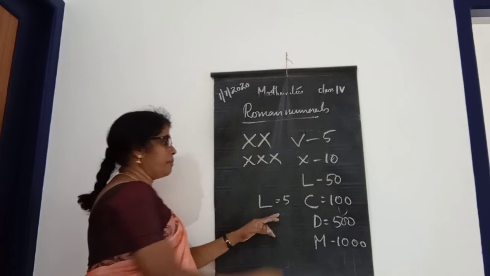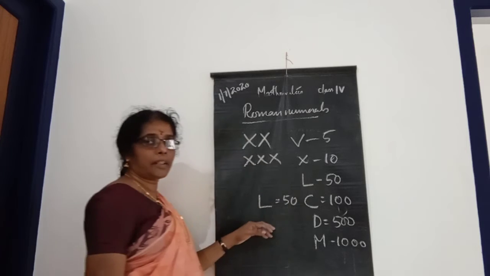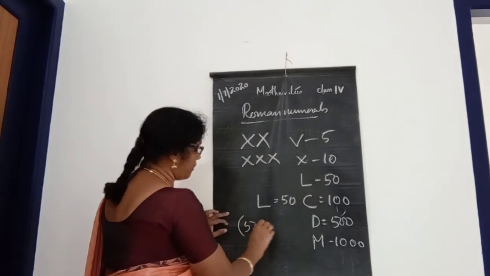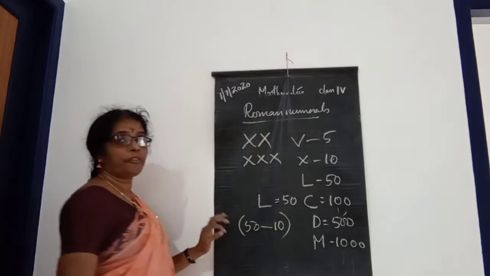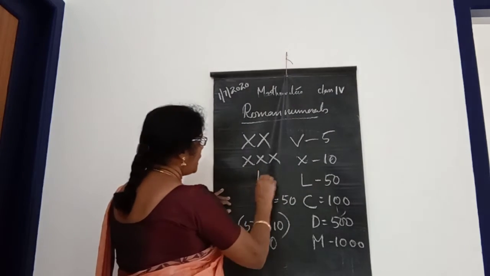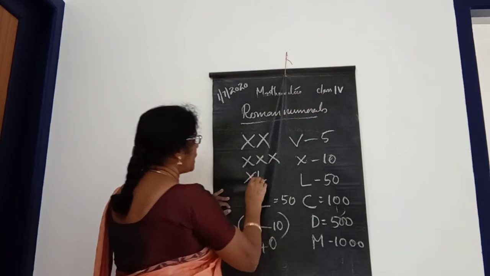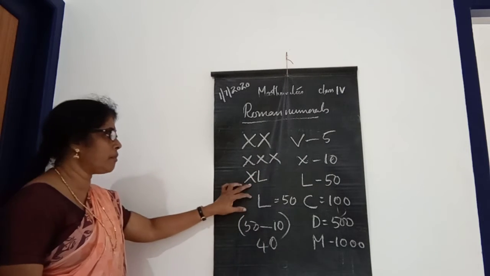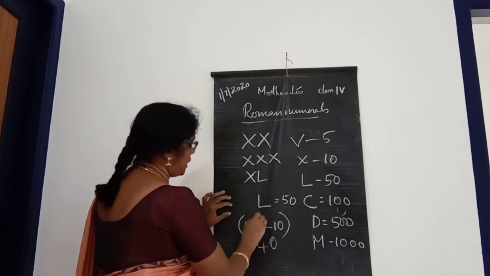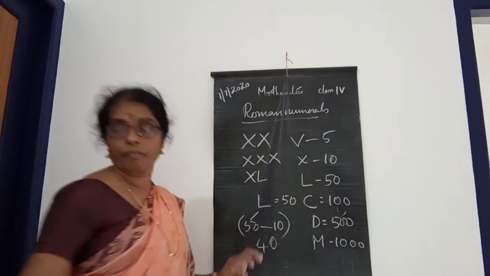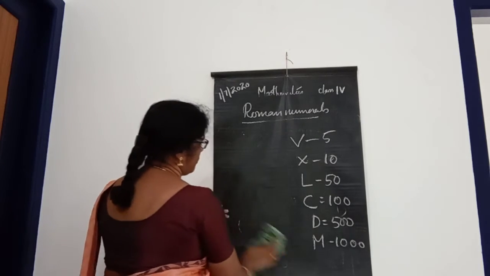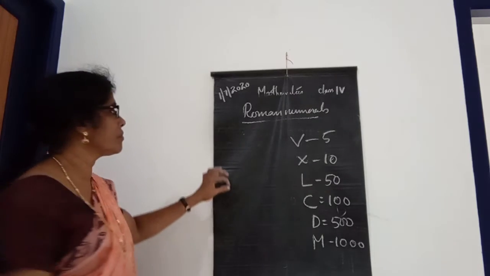And L is 50. Then 50 minus 40? What is 50 minus 40? 50 minus 10, not 40. 50 minus 10 is 40, isn't it? So before L you write X, that is 40. This one is 40 and this one is 50.